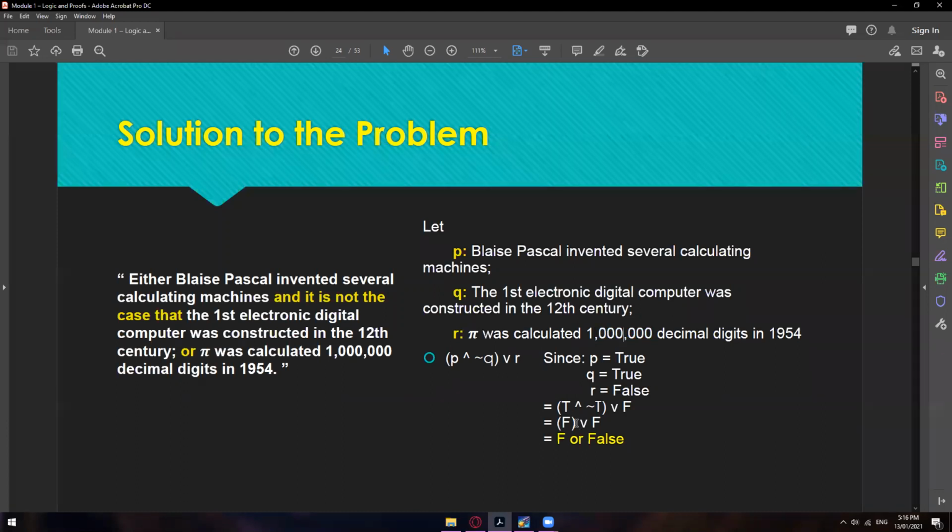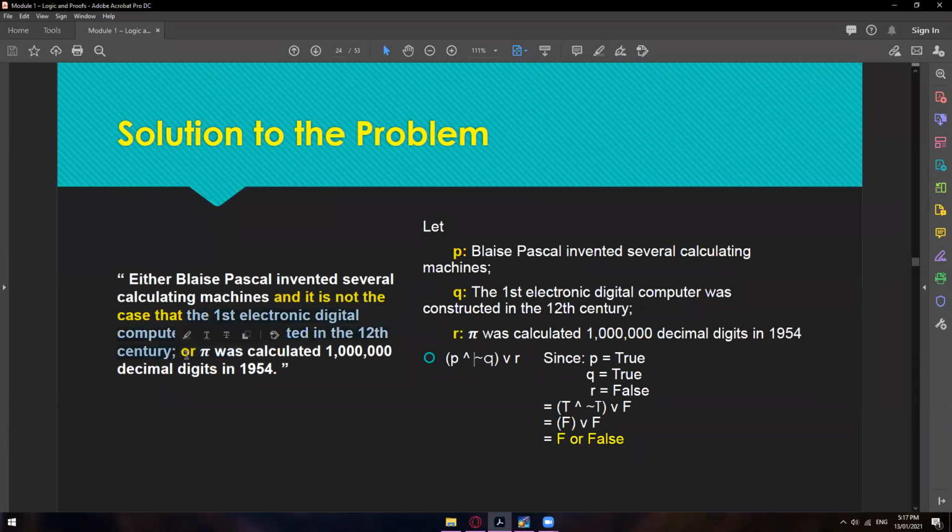Okay? So yeah, after you get the values of P, Q, R, you can now form this first. Okay? This P, and then where does this concatenation come from? Here, N. Okay? And then it is not the case that, so you already know it is not the case that. So negation, and then Q, this the first electronic.